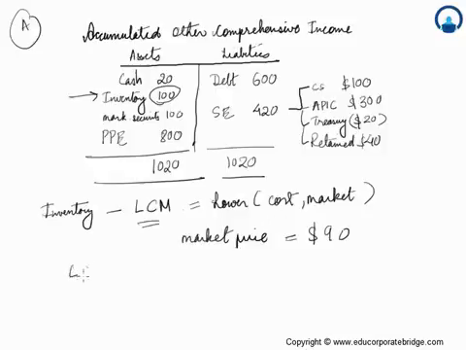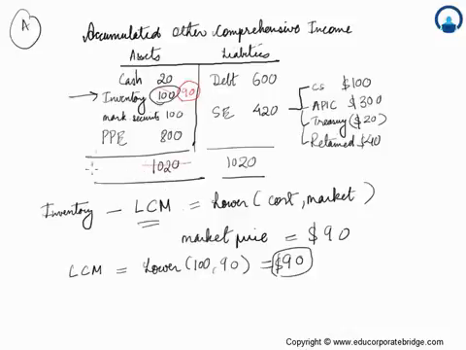So if we had applied this lower of the cost and the market price, this would be lower of 100 and 90. So ideally our inventory would have been reported at 90. So here we would have made a change. Instead of 100 we must write here as 90. So what will happen to our asset side? Our assets will change from 1020 to 1010. So this will be the change on the left hand side, that is the asset side.